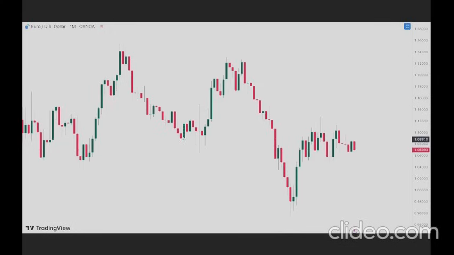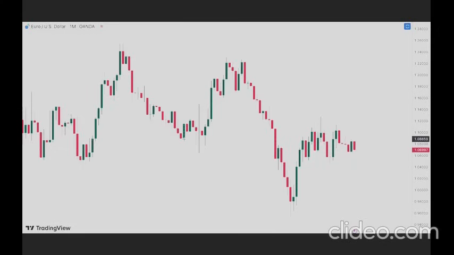So this was the first bounce from this lower low.